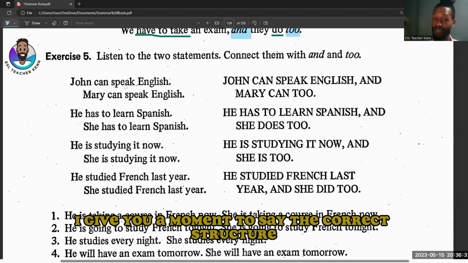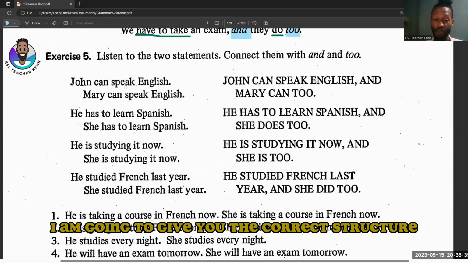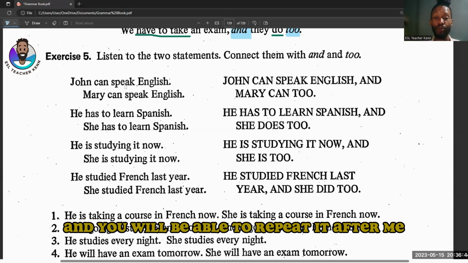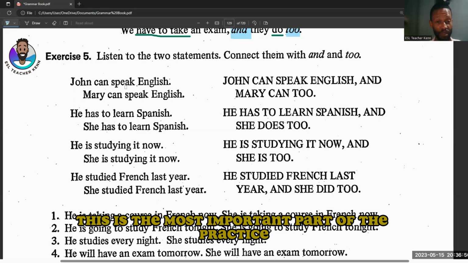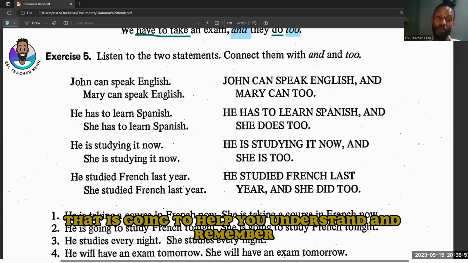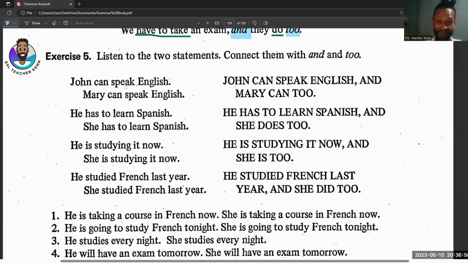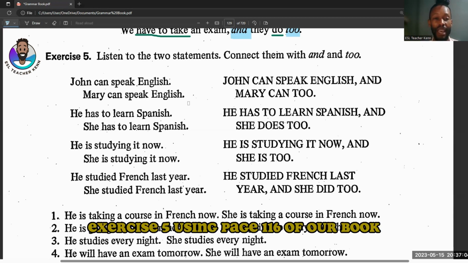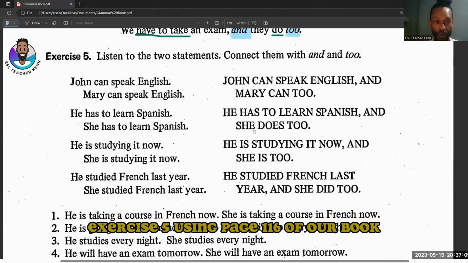I give you a moment to say the correct structure applying "and" and "too." And after that, I am going to give you the correct structure so that you can compare it to what you had and you will be able to repeat it after me as well. Remember, this is the most important part of the practice that is going to help you understand and remember the correct order of words. So let's go from the examples on exercise 5. Exercise 5 is on page 116 of our book.